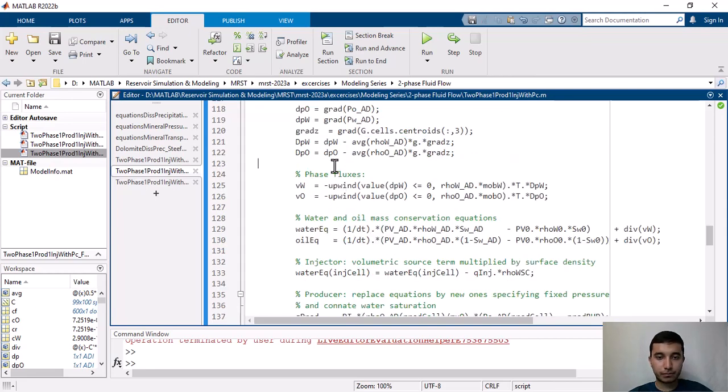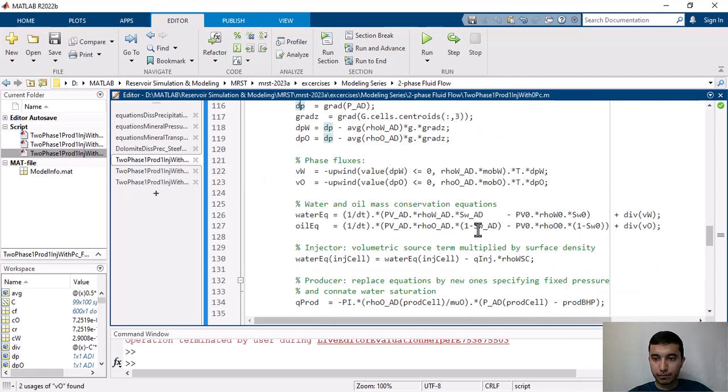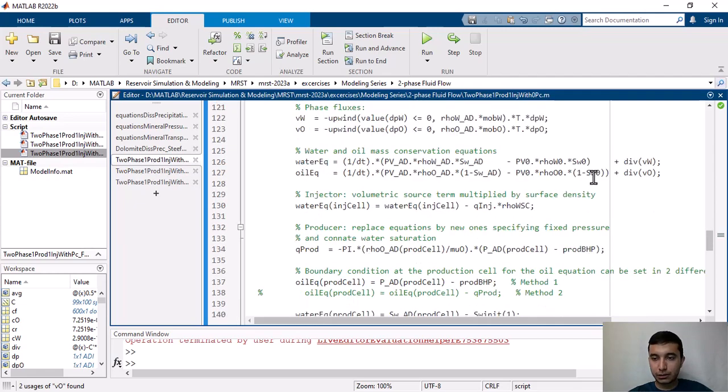All right. And here I have calculated the water flow rate and the oil flow rate, and here I have written the water pressure equation and the oil pressure equation. And as you see, like the previous code, I have already substituted the saturation constraint into the governing equations.